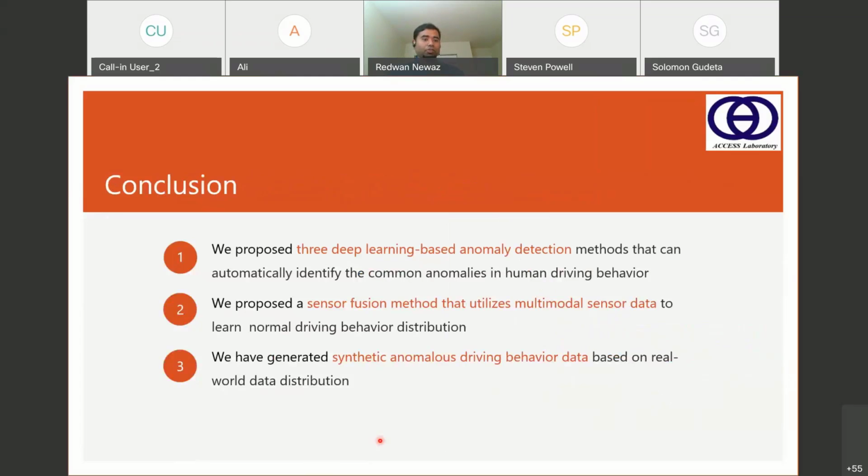So to remind you of the work that I have done at Nagoya University, basically we are focusing on learning the normal human driving behavior first, and then trying to detect the anomalous driving behavior. And for that purpose, we use three deep neural networks to detect the anomaly, and we train them by fusing the multimodal sensor information with different network architectures.